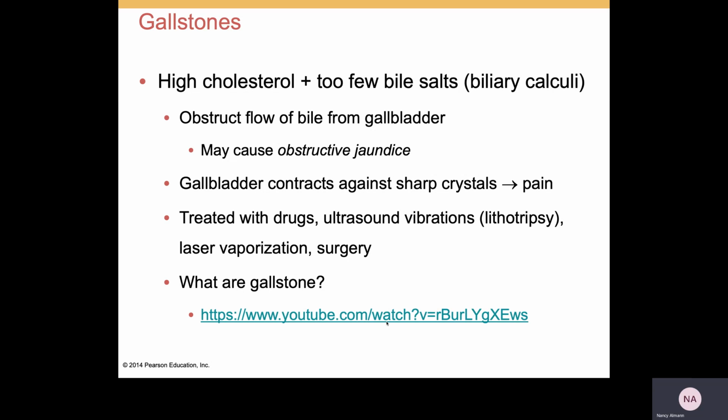Remember, it's going to have those muscular contractions to move bile out. So when the gallbladder contracts, it is actually contracting against sharp crystals, which cause pain. You can frequently treat these with drugs or with ultrasound, sometimes with laser vaporization or surgery. And if you want more information on gallstones, go there.